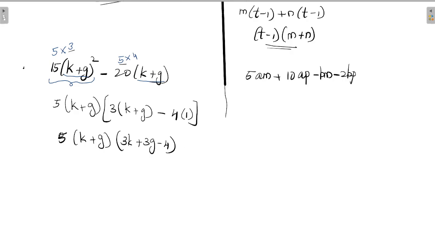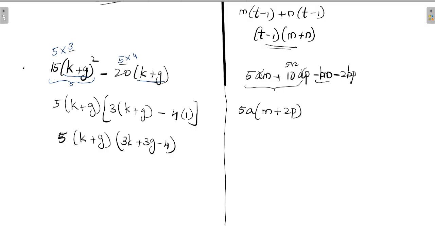Now we can do the last one. Here check the first 2 terms, is there a common factor? 5 is a common factor, because 10 is a multiple of 5, 5 times 2. Now a is a common factor, so 5a times m plus 2p.